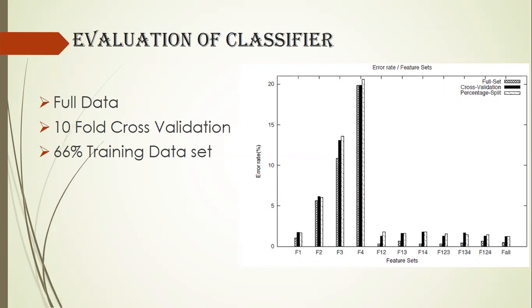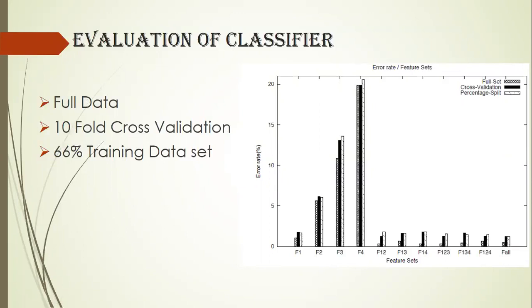Cross validation is a resampling procedure used to evaluate machine learning models on a limited data sample, and it takes the parameter k. Here the k value is 10, so it is 10-fold cross validation. The next one is the 66% training data set.